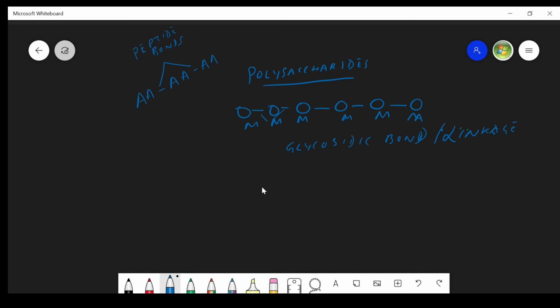Now let us see how it can be done. For example, this is the structure of glucose. This is one glucose and this is another glucose.